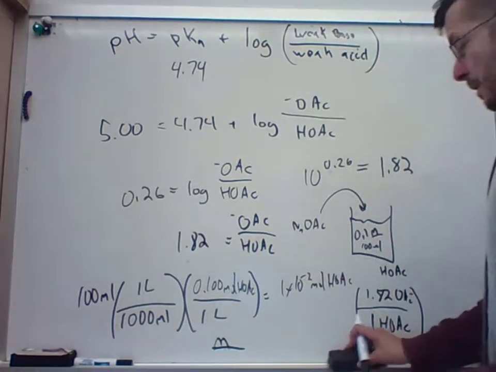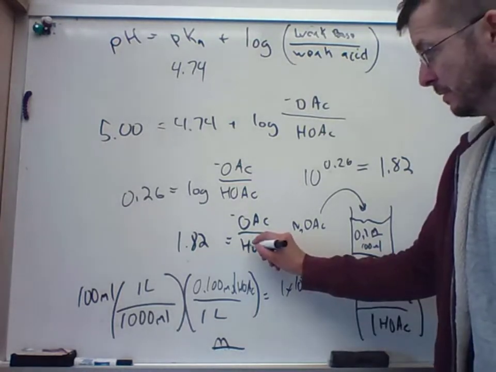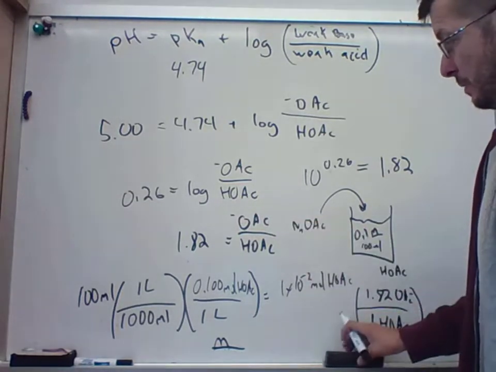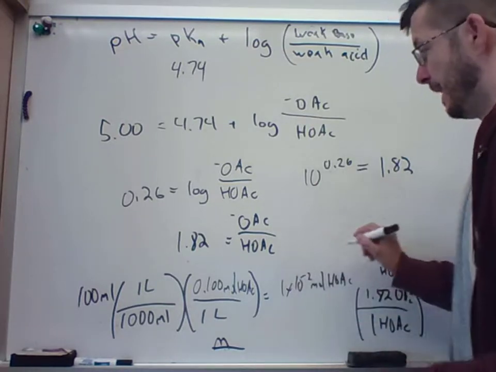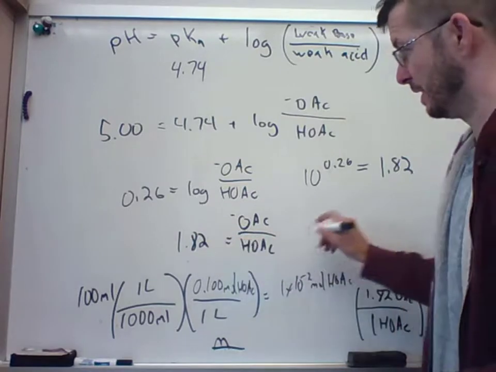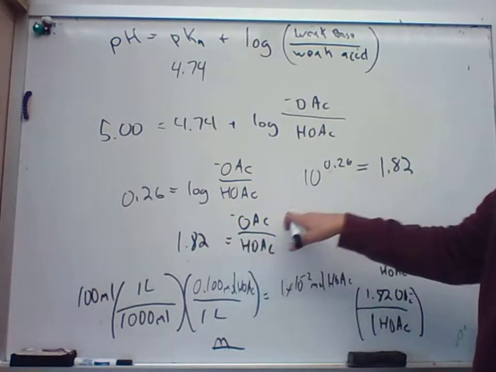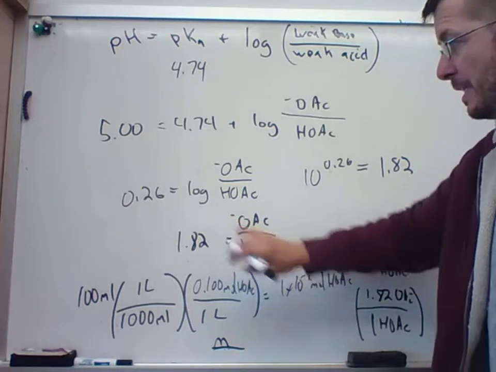Now where you have to be cautious is flipping these numbers. You have to remember that this is a ratio of moles of OAc to moles of acetic acid. So even though it looks like you would multiply moles of HOAc over here and you would get acetic acid, in reality the units are already here.